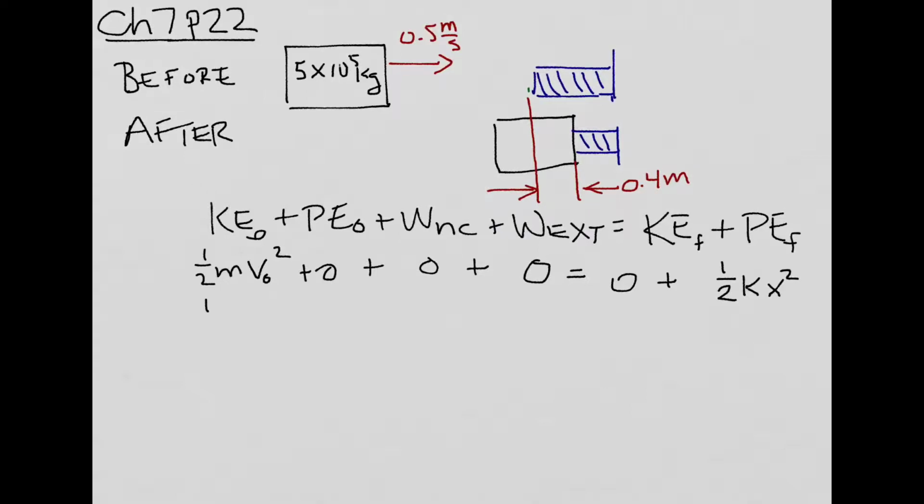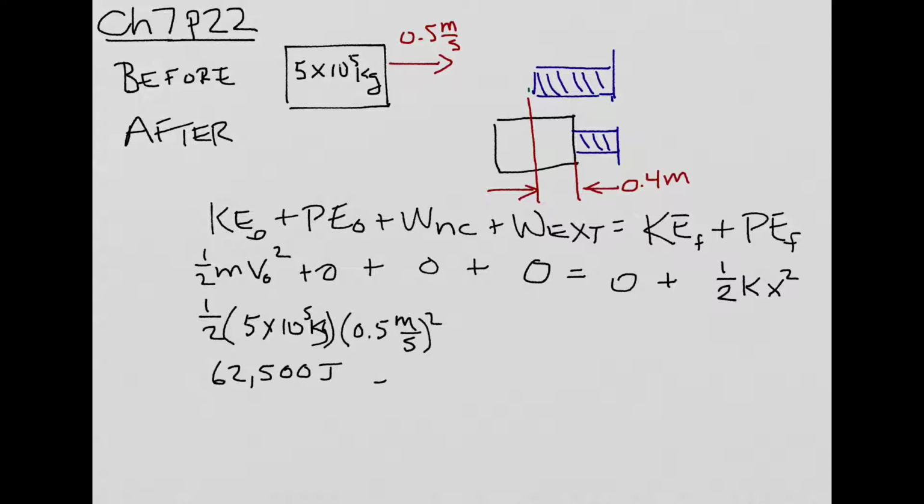Solving for this, the initial kinetic energy is 1/2 times 5 times 10 to the 5 kilograms times 0.5 meters per second squared. So this equals 62,500 joules. That's my initial kinetic energy.